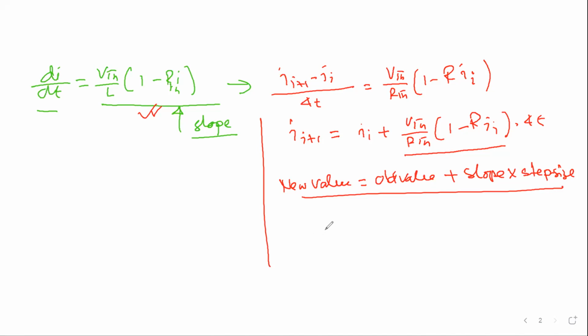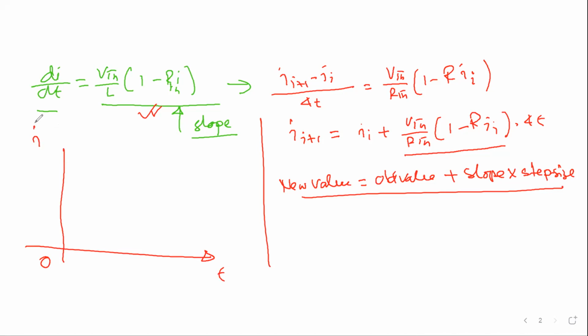If your i_0 value is available, then you can calculate the next value by adding to it the slope times your step size. In this way, you can easily draw the curve that you have seen. Once your values are available, you can plot it numerically.